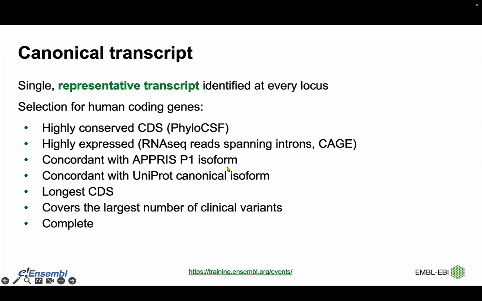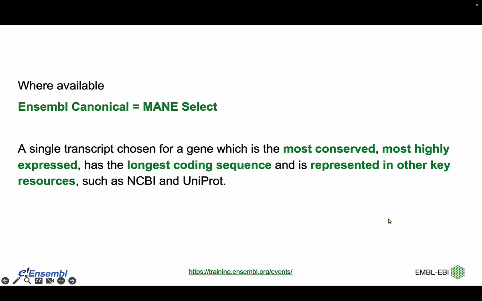They are concordant with other transcript scoring algorithms and UniProt canonical isoforms. They have the longest coding sequence, the largest number of clinically important variants, and they are complete. And wherever available, the Ensembl canonical transcript is usually also the MANE Select transcript.